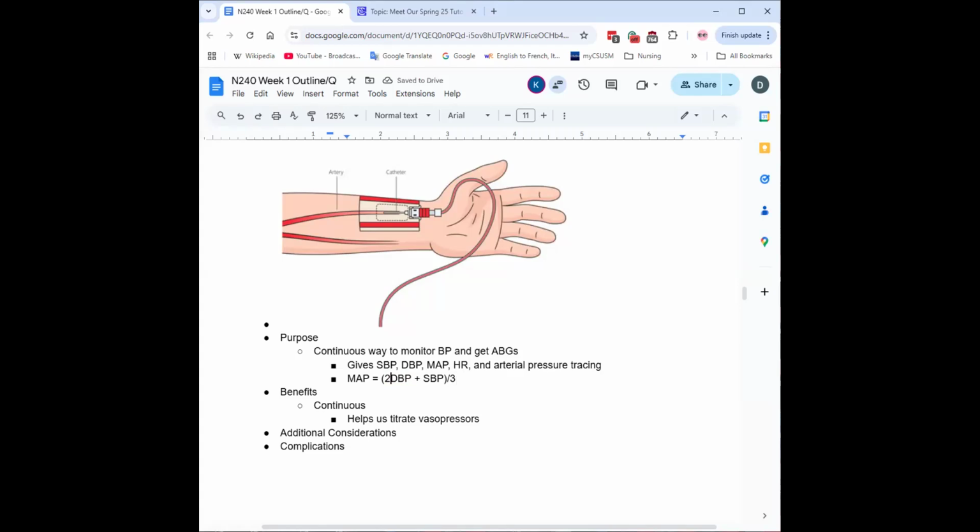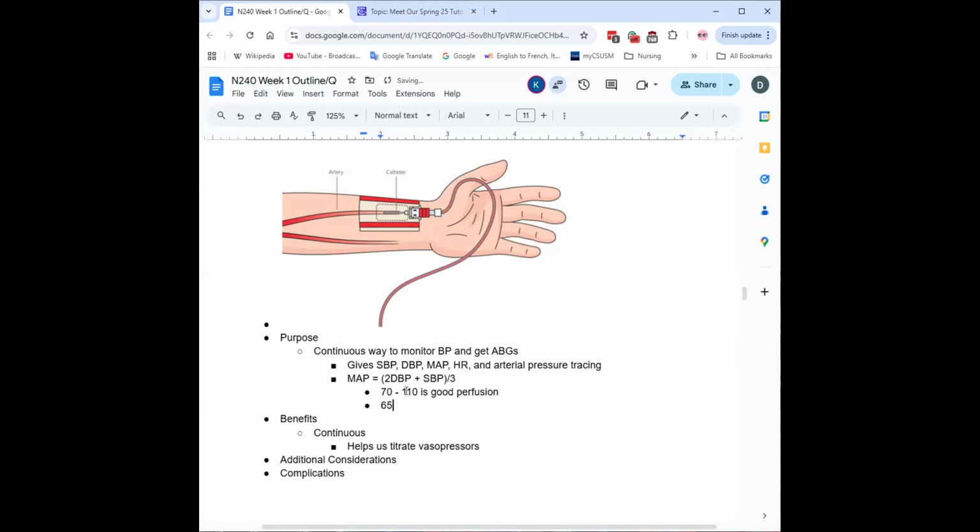Okay, so what's an expected MAP, or what's a minimum MAP? What's a solid range of what's considered good? 70 to 110. Yeah, 70 to 110 is good for perfusion, and we'll say 65 plus is the minimal. 65, yeah, depends on who you're asking.